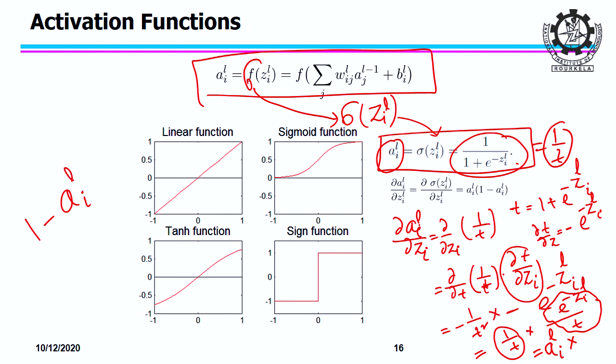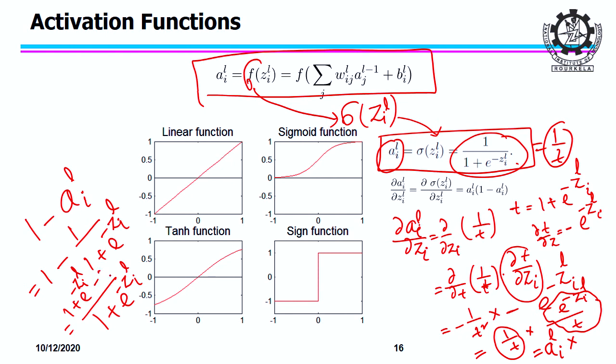What will be the value of this? It is equal to 1 minus a_i^L, where a_i^L is 1 by 1 plus e to the power minus z_i^L. So this gives 1 plus e to the power minus z_i^L minus 1 over t, so the 1 cancels out, and we get e to the power minus z_i^L by t. What is t?